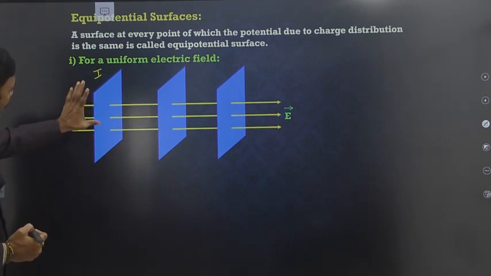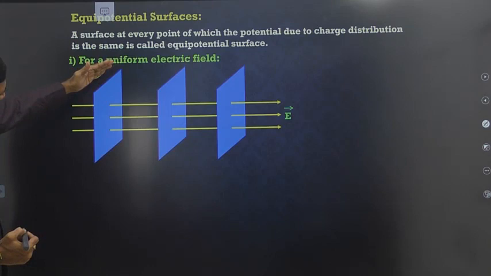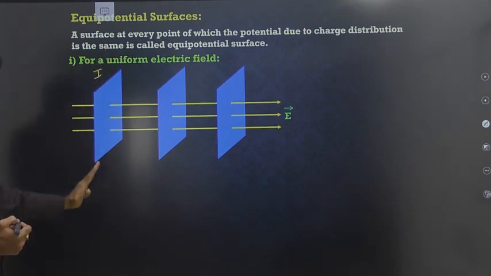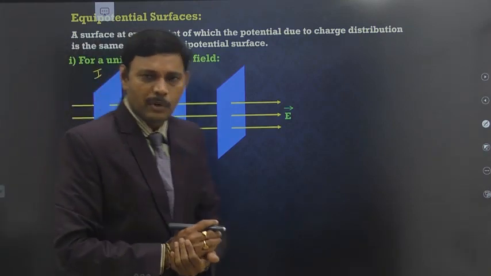It itself is an equipotential surface. Potential is the same at each and every point on the surface. Hence this region 1 is one equipotential surface.